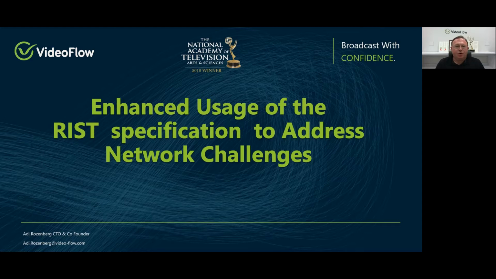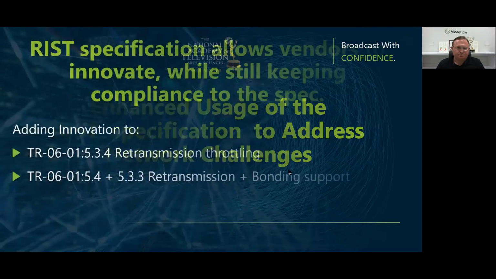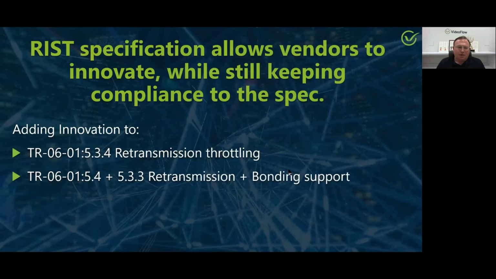In this session, I'm going to talk about the enhanced usage of the RIST specification to address the network challenges. The Reliable Internet Streaming Transport, also known as RIST, is an open specification. RIST is a blueprint of the communication and signaling needed to provide a reliable and secure stream across any IP network.